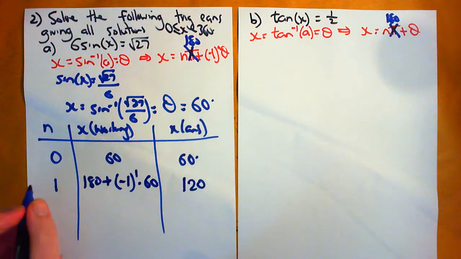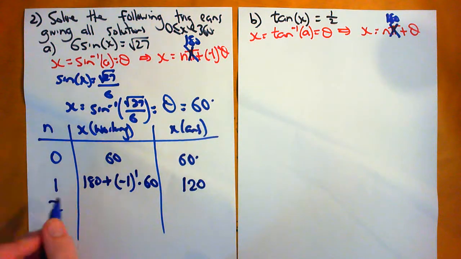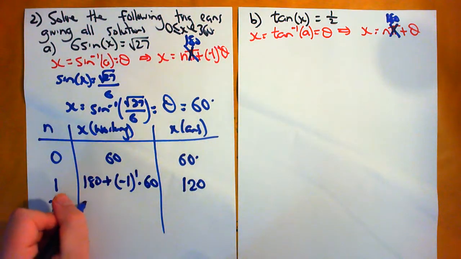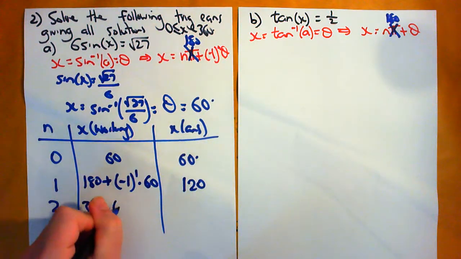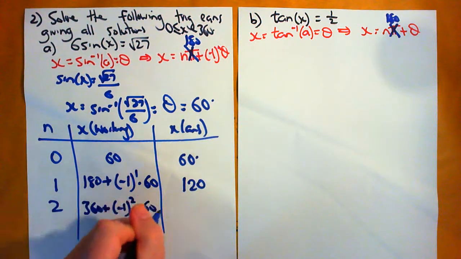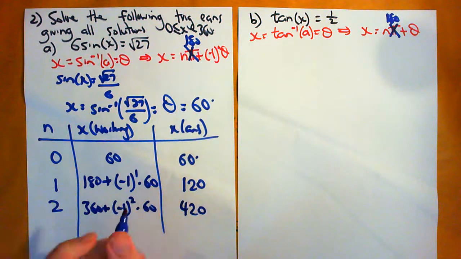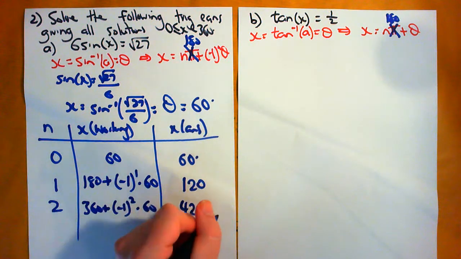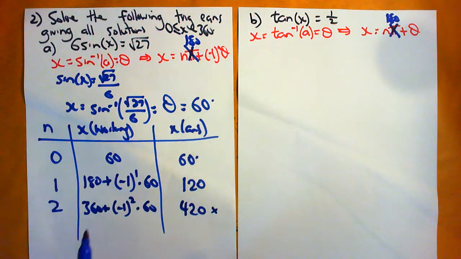For n equals 2, we get n is 2 times 180 is 360, plus minus 1 to the power of 2 times 60, which is 420. So we can tell immediately that this solution is too big. So we've got two solutions within range so far. We've got 60 degrees and 120 degrees.